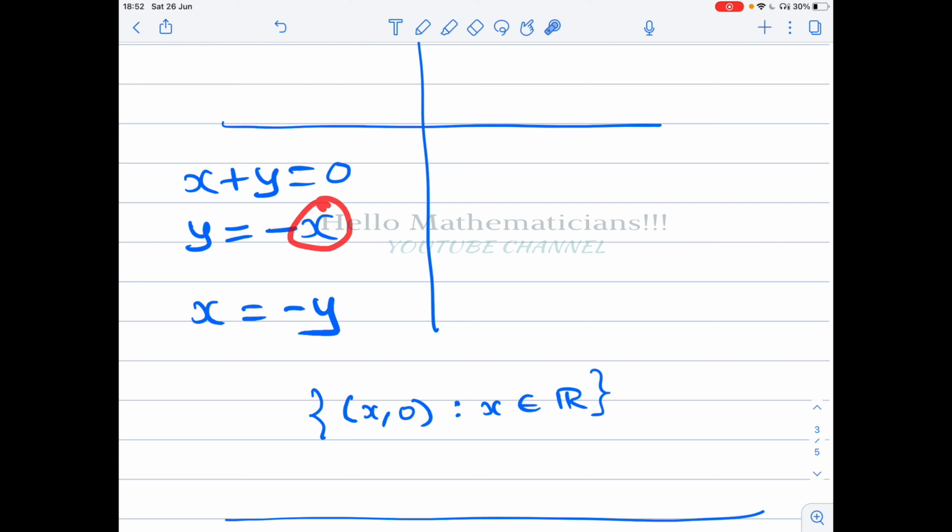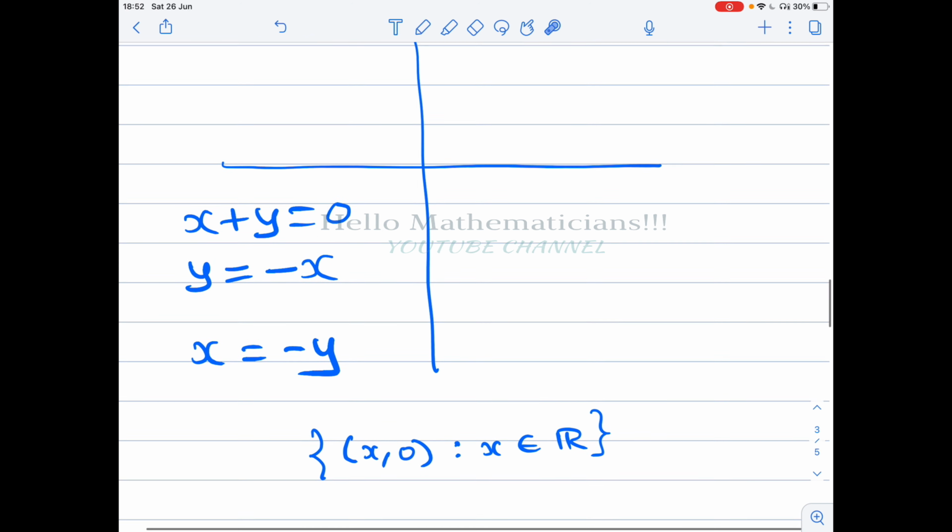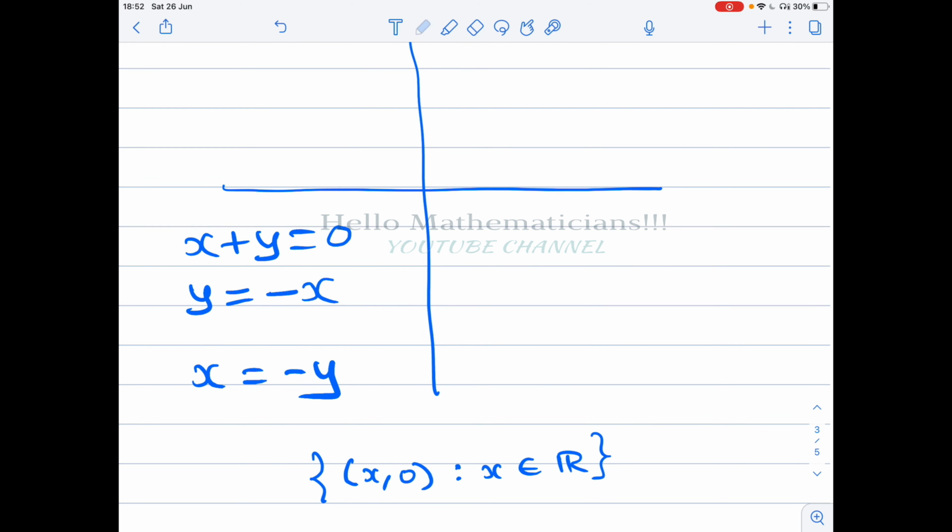You can put x any value, but y will be dependent on x. y is nothing but minus x. Or similarly you can write x equal to minus y. In this case, y is a free variable and x is dependent on y. So x plus y equal to 0 represents this line, x equal to minus y. Any point on this line will satisfy the condition x plus y equal to 0.